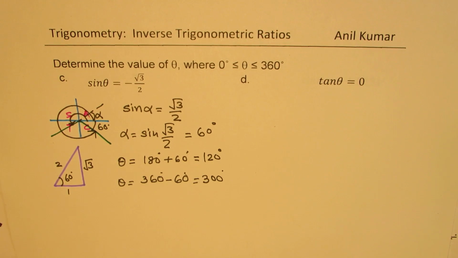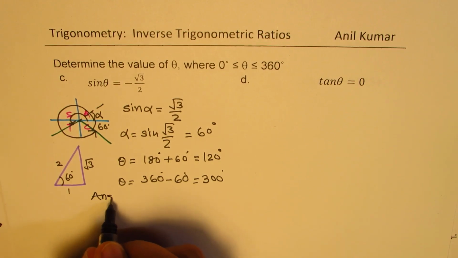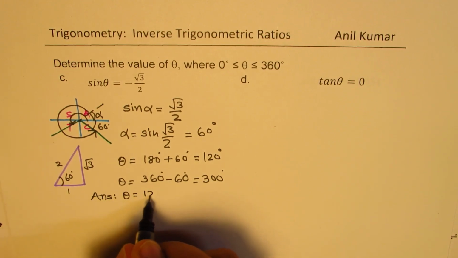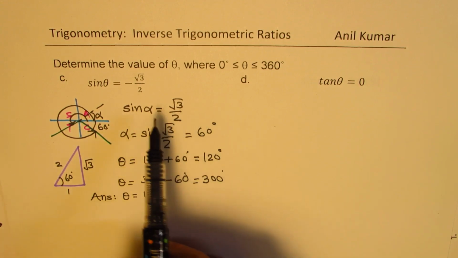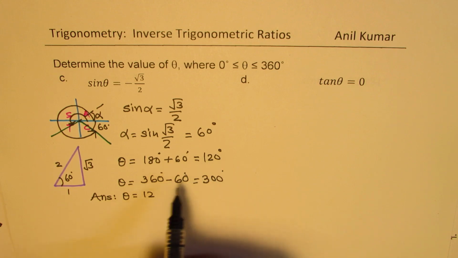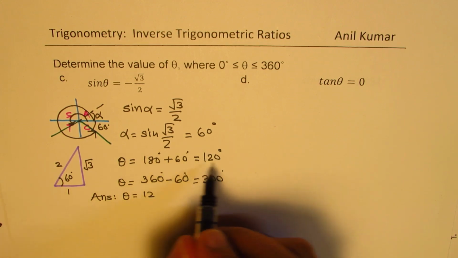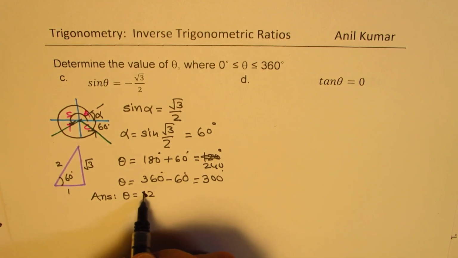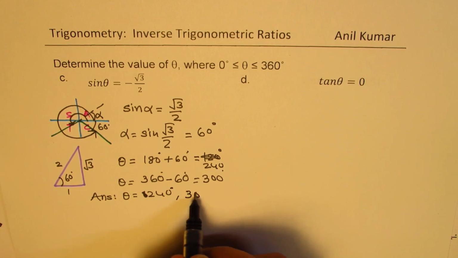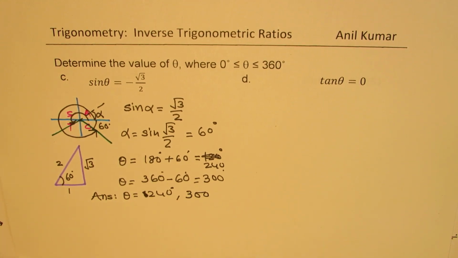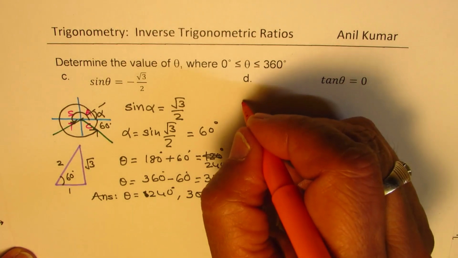So we get our answer as theta equals 180 plus 60 and 360 minus 60, and this is 240, I'm sorry. So when you add 60, you get 240 degrees, and 300 degrees, correct? So these are the two solutions for part C.